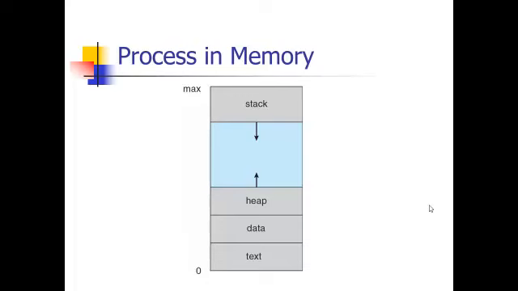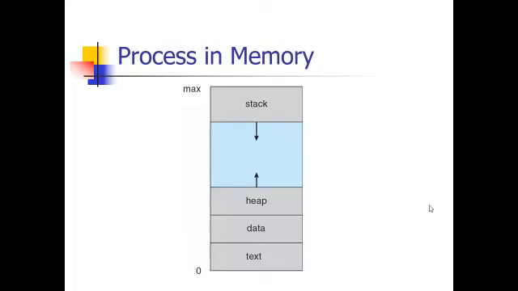A stack is a data structure where you can push parameters inside and pop parameters outside, and it is used to store temporary data in a process. Then we have a data section to store the global variables, because when a process initiates, if there are any global variables required, it copies the values of the global variables into the process.